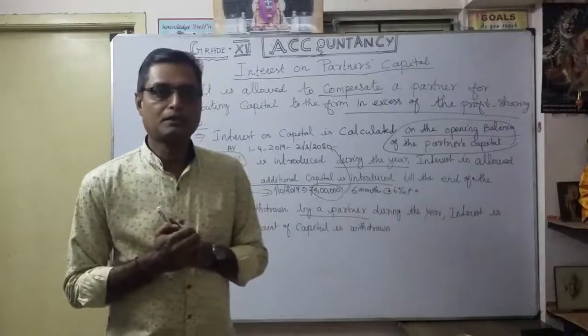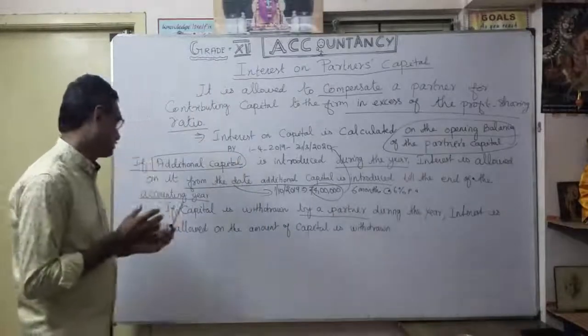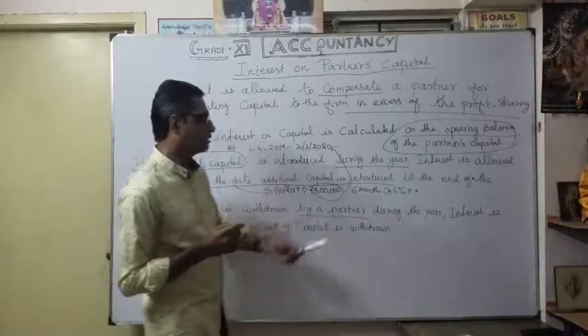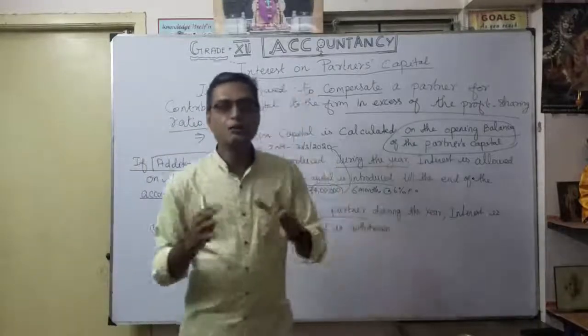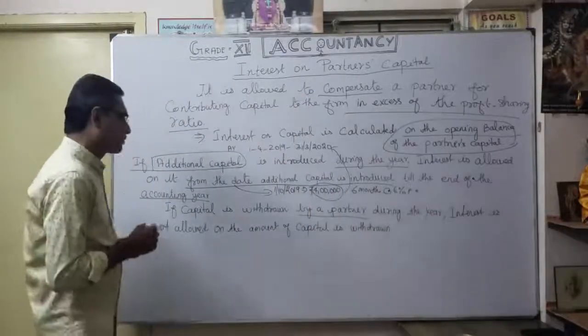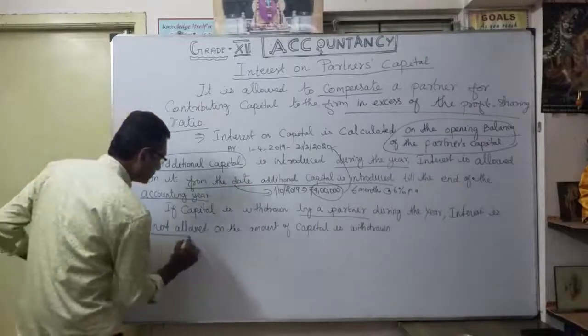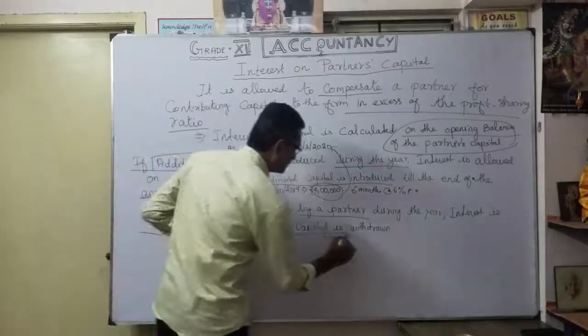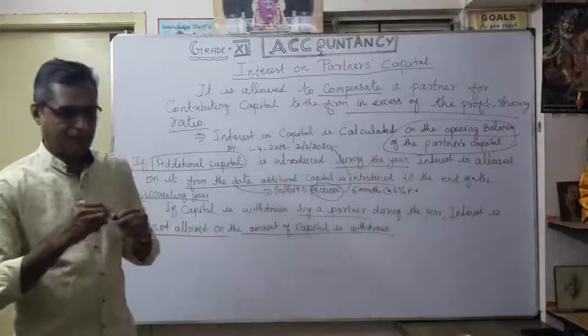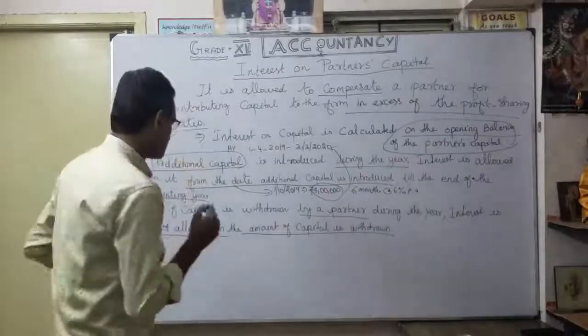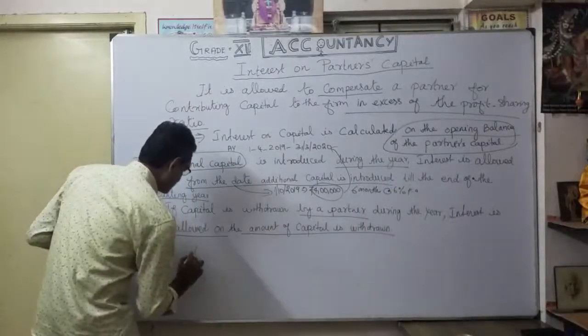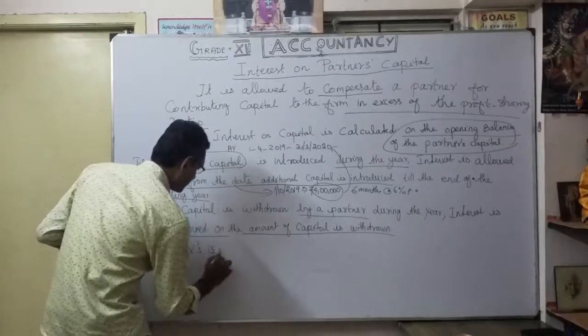Suppose during the year any capital is withdrawn by a partner. How is the interest calculated? Naturally, interest is not allowed on the amount of capital withdrawn. Here I will explain one example. For example, say X is a partner.